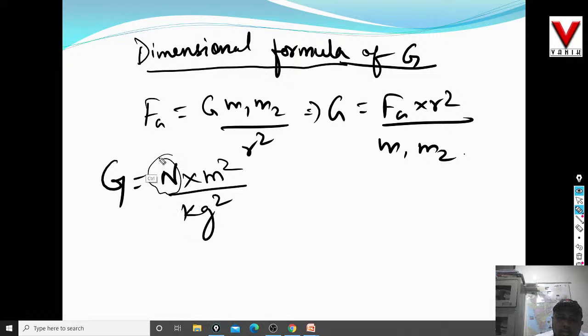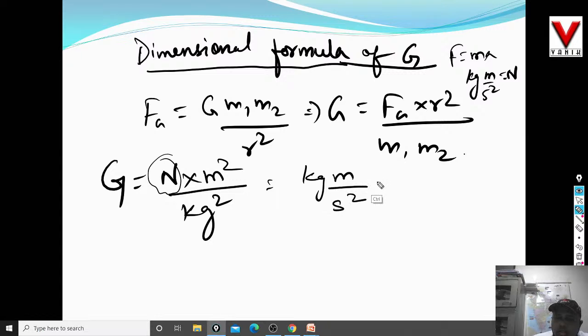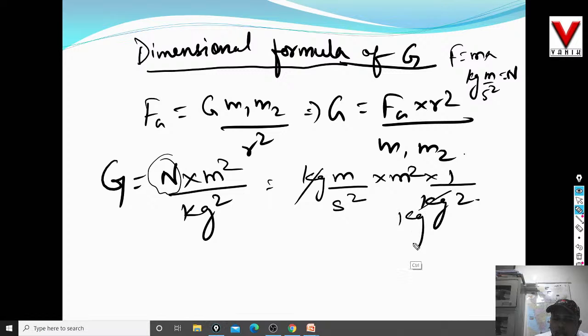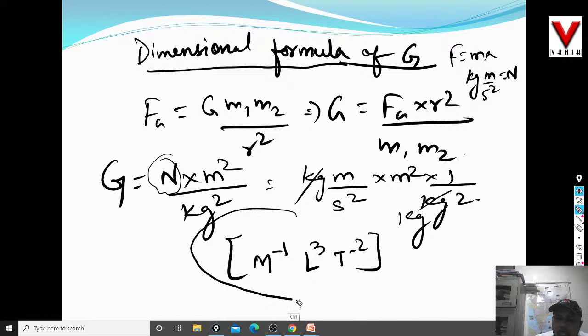Now force is mass into acceleration, so kg meter per second square is equal to Newton. So I can write this as Newton into meter square into 1 by kg square. The kg and kg square will get cancelled, leaving 1 by kg. So I can write this as M to the power minus 1 L cube T to the power minus 2. This is the dimensional formula of capital G.